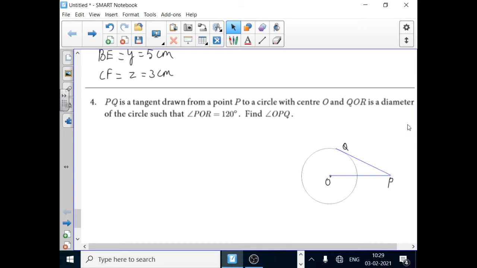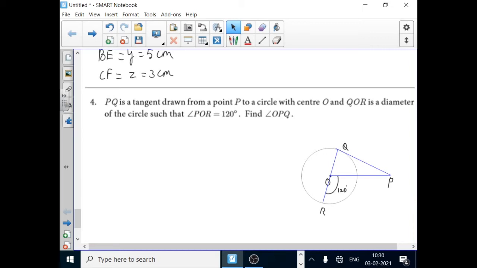So from Q I draw one line passing through the point O. QOR is a diameter, so I mark it as R. The given angle POR is 120 degree.